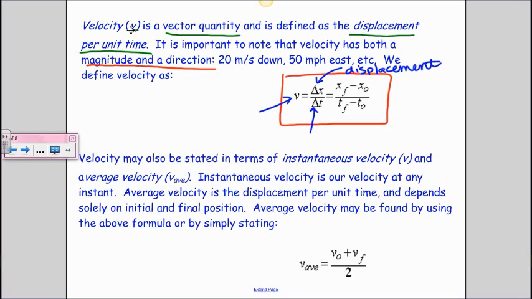And delta t, here delta stands for the same thing. It means change. But instead of change in position, the t stands for time. So this is our change in time. When we measure the change in position, or the displacement, you take your final position and subtract the initial position. The same with time. When you have a change in time, you take your final time and subtract the initial time.